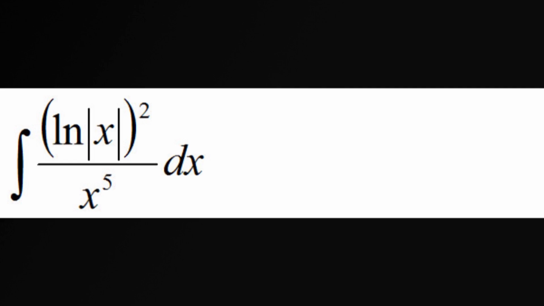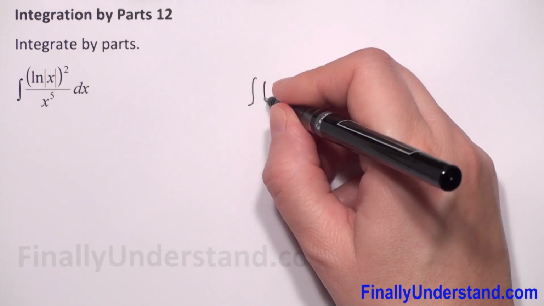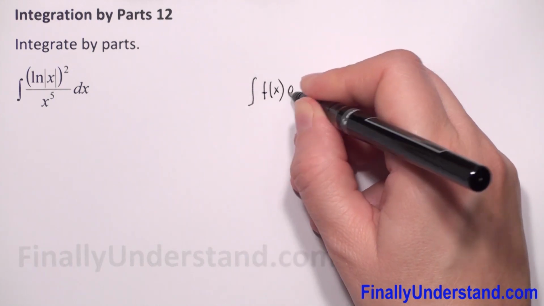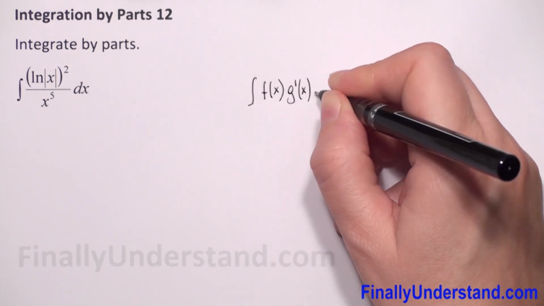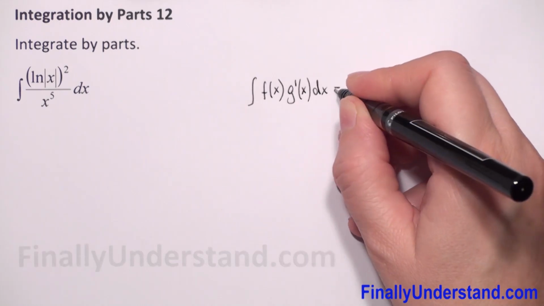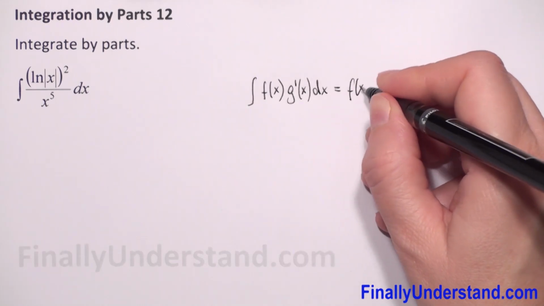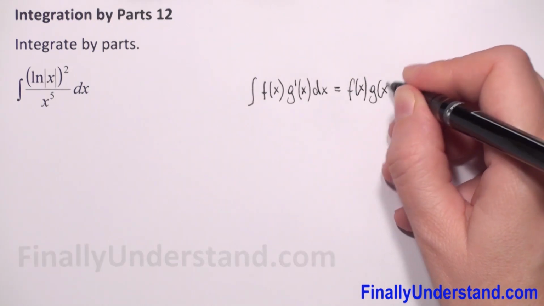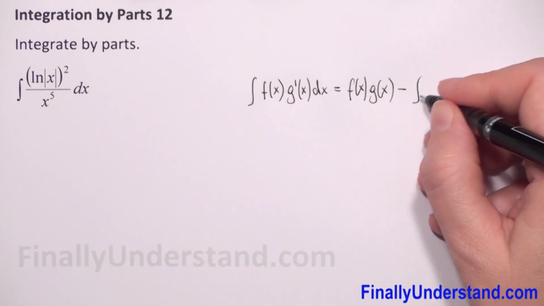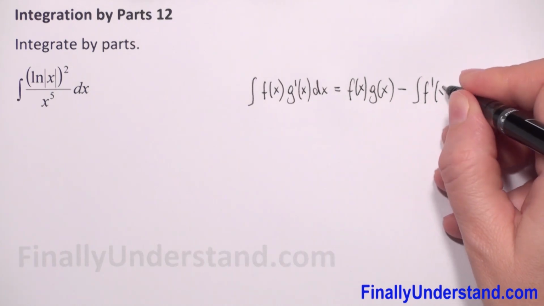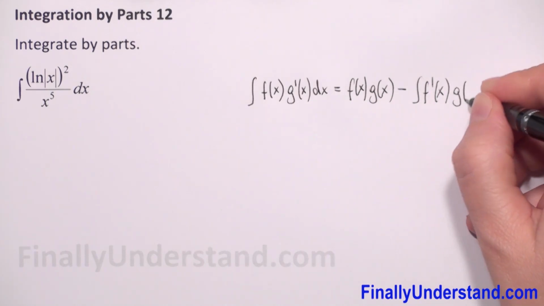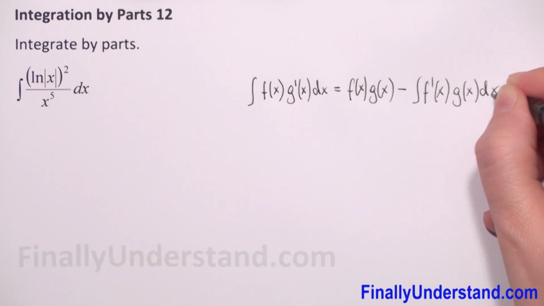Let me remind you the first formula for integration by parts. When we have integral of f of x times g prime of x with respect to x, this is equal to f of x times g of x minus integral of f prime of x times g of x with respect to x.